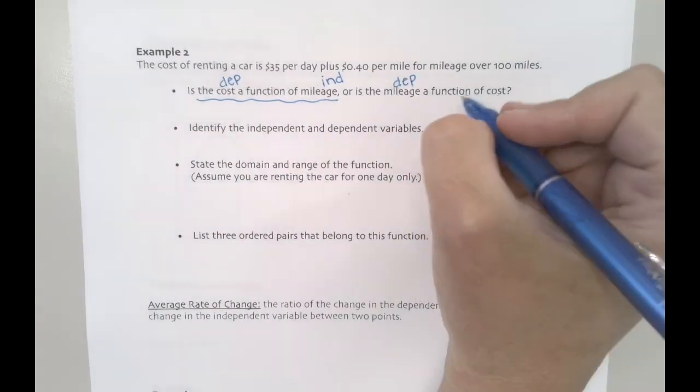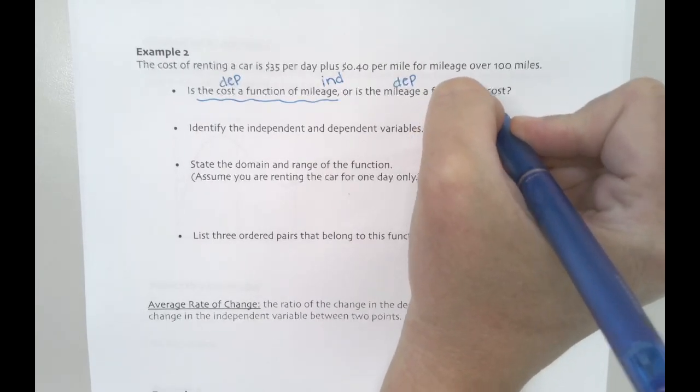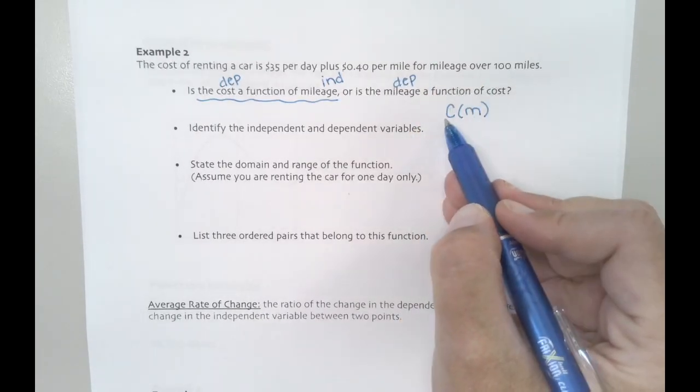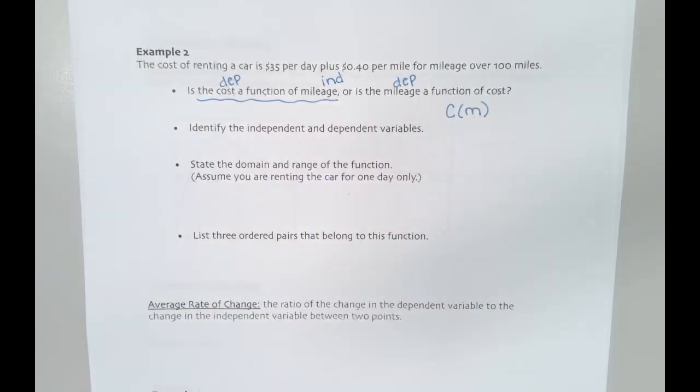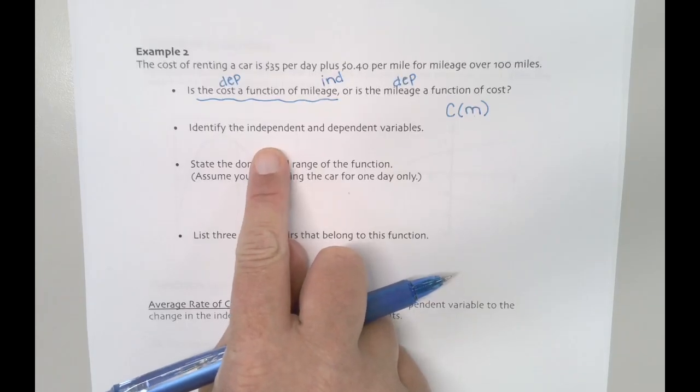If I was going to write an equation for this, I would write like C of M, where M is your independent variable and your cost depends on that M. Okay? So we actually already did this, right? We did this identifying the independent and dependent.